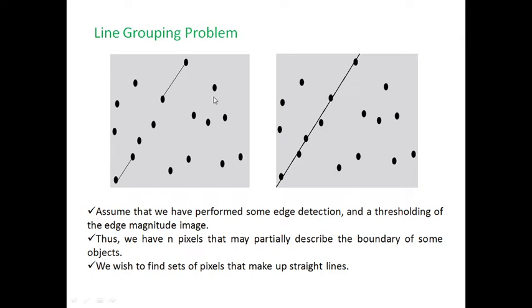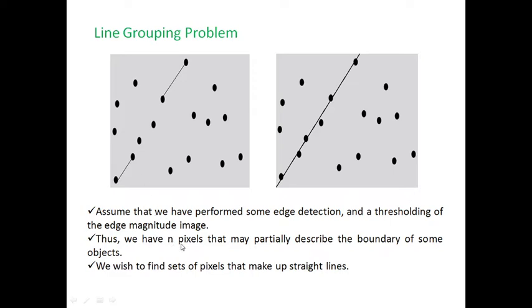In this line grouping problem, we are assuming some edge detection. That means, like this image, you consider some edge detector output. The resultant of this edge detector output is not so perfect, as this point and this point may have a chance to form a line, which may be a weak line also.